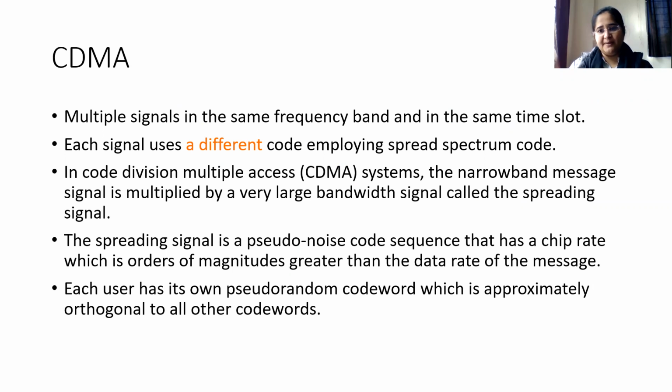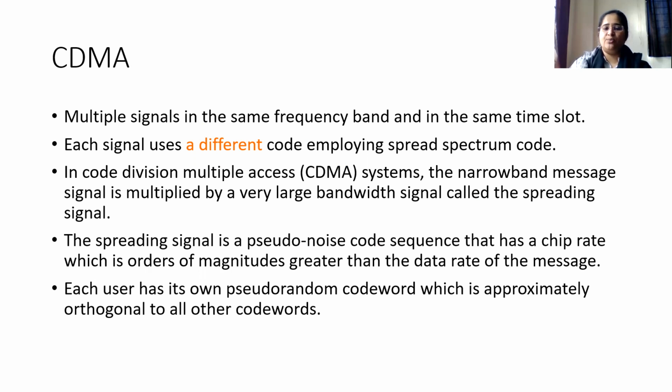Now, how does CDMA perform? In code division multiple access, the narrow band message signal, that is basically our voice signal, is multiplied by a signal which has a very large bandwidth, and this signal is known as the spreading signal. This spreading signal is the pseudo noise code signal, that is the PN code sequence.